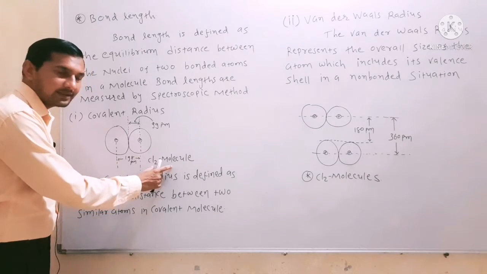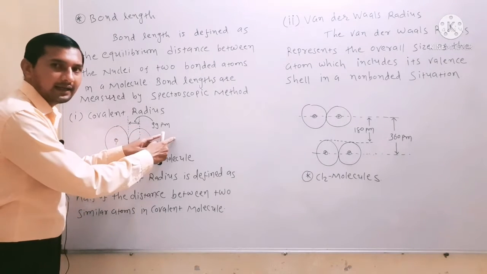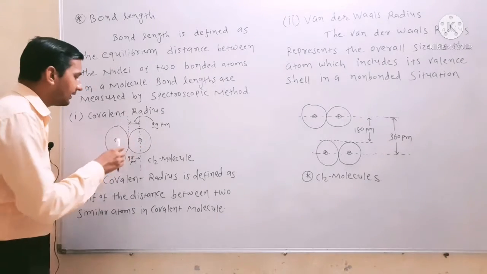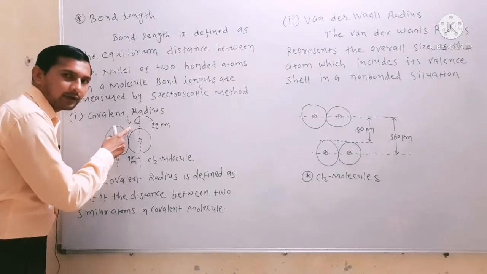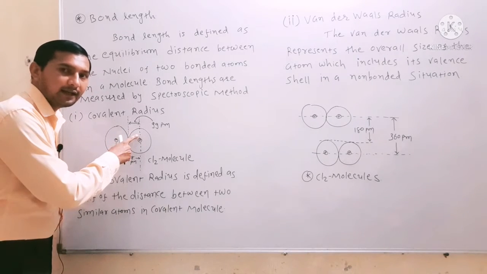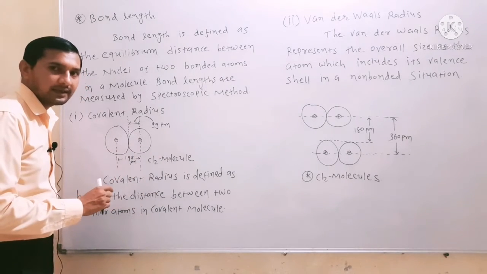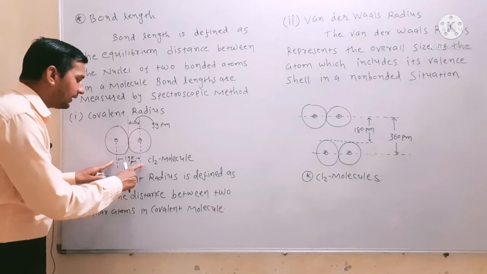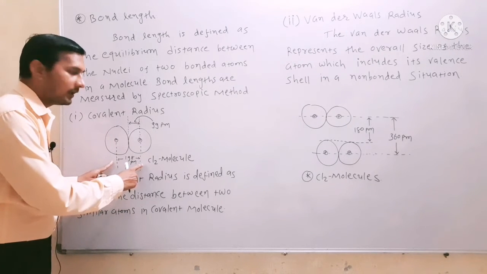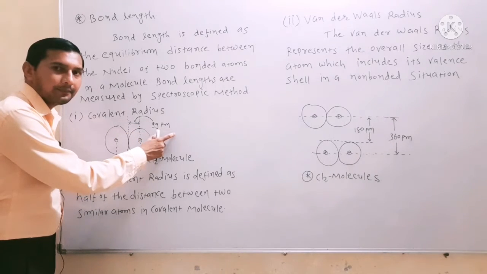So this is the distance between two atoms in a single chlorine molecule. The half distance of this is 99 pm. So 99 pm is the distance between the core electron and the nucleus of the corresponding atom in a covalent molecule. The total distance is 198 pm between two nuclei, and its half distance is said to be 99 pm.